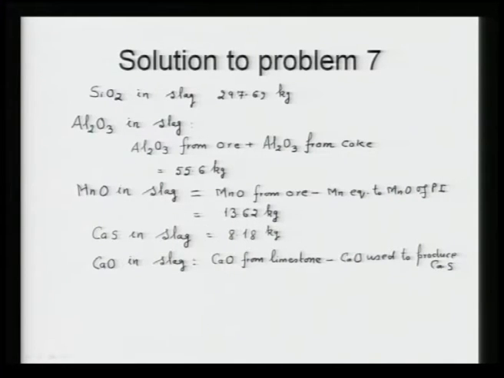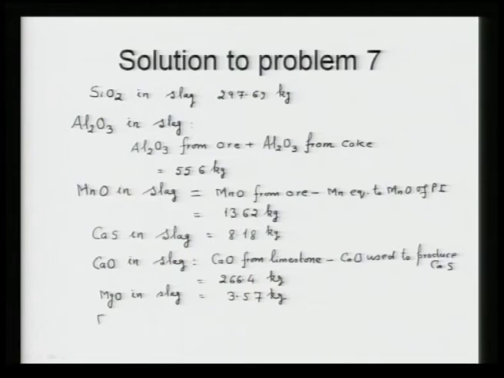So, you can substitute the amount and calcium oxide in slag is equal to 266.4 kg. Similarly, one can calculate MgO in slag. Remember, source of MgO is only MgCO3. So, that will be 3.57 kg.